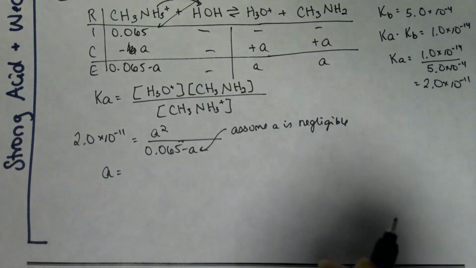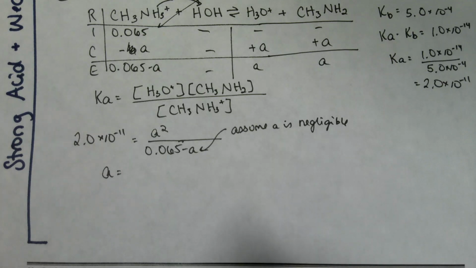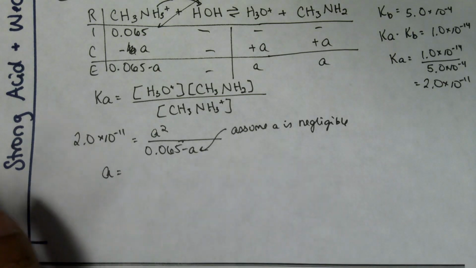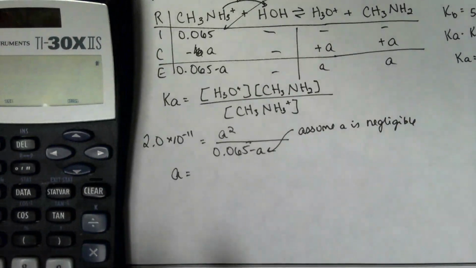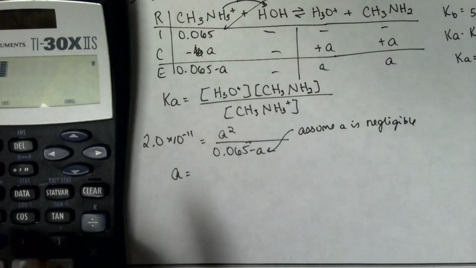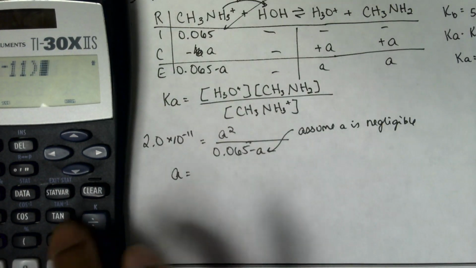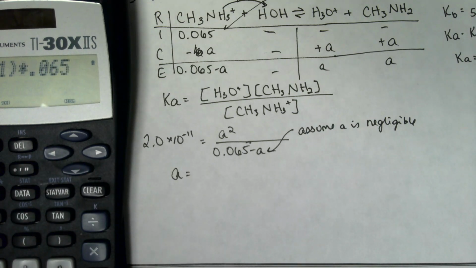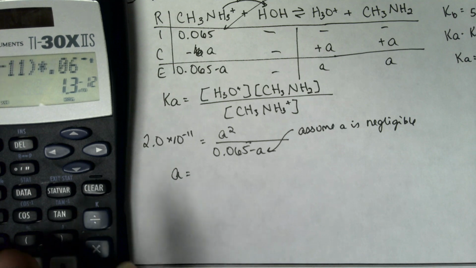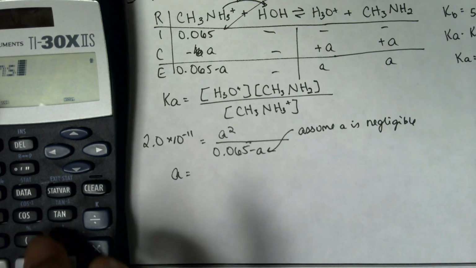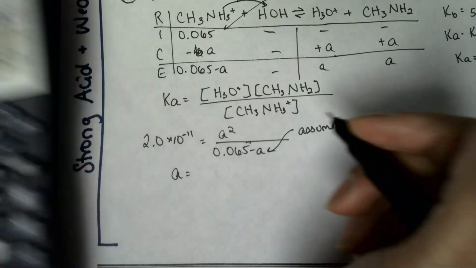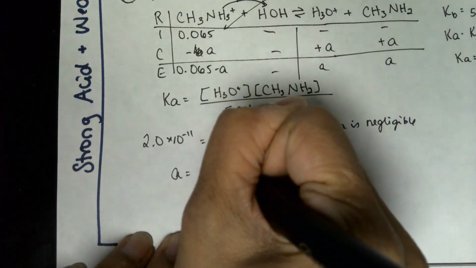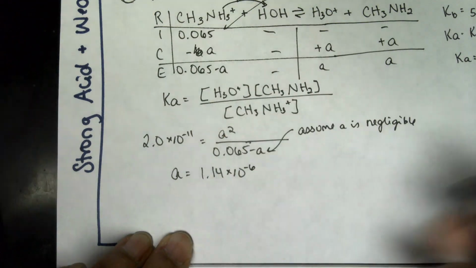All right, end up with, okay, let me just double check. 2 times 10 to the negative 11 times 0.065, and then the square root of that, 1.14 times 10 to the negative 6.